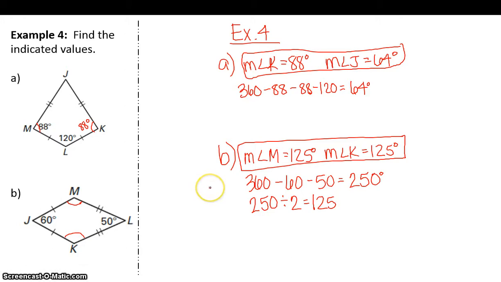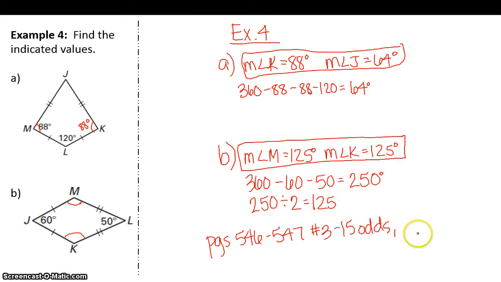Okay? So your assignment is a book assignment, and it's listed on your orange sheet, pages 546 to 547. That was numbers 3 through 15 odds. You can check your answers in the back of the book if you don't check Brightspace.